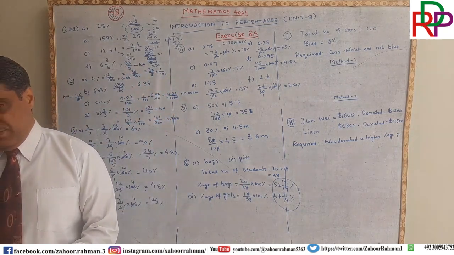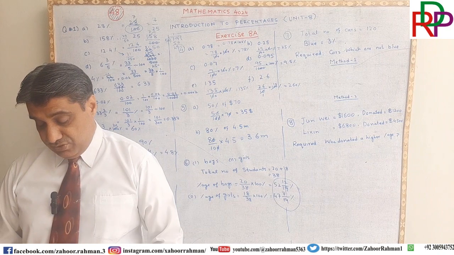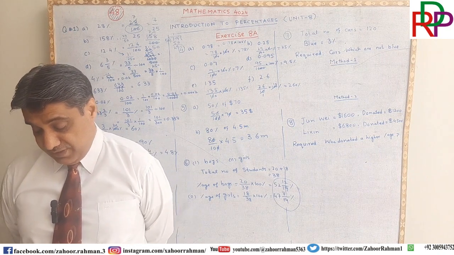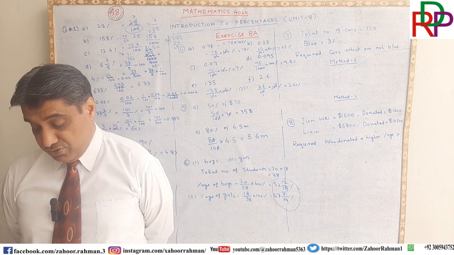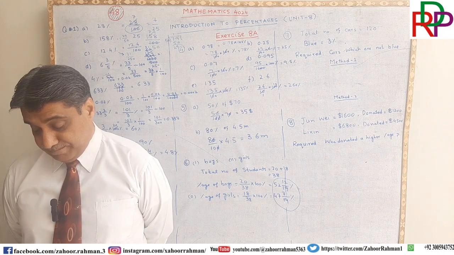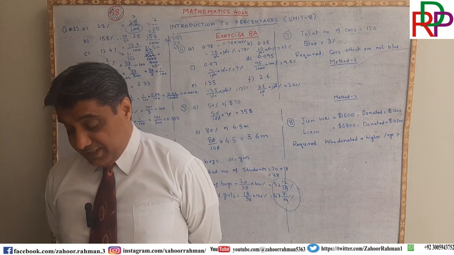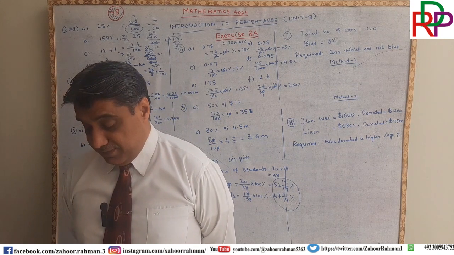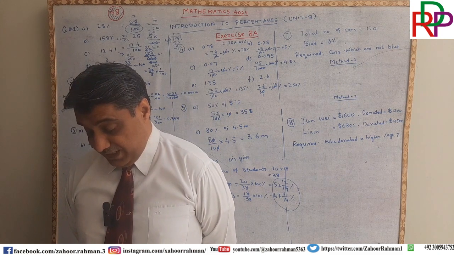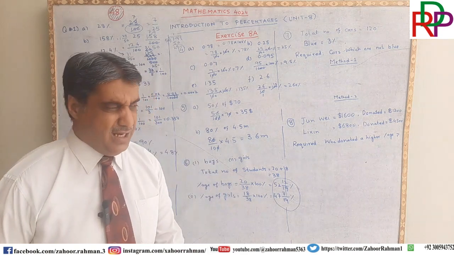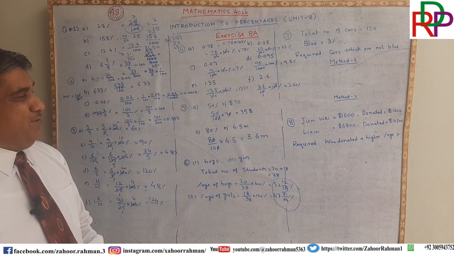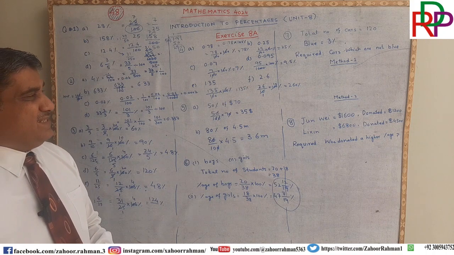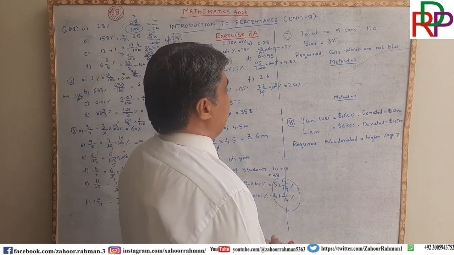Now, ladies and gentlemen, we are coming to question number 7. There are 120 cars in a multi-story car park. Given that 30% of them are blue, find the number of cars which are not blue. There are two methods of it. One is the simple one, and the second one is a bit difficult.